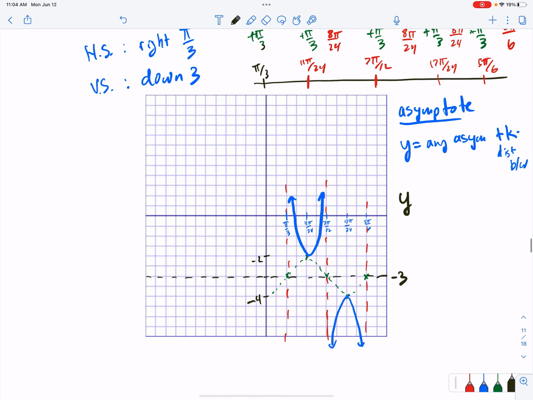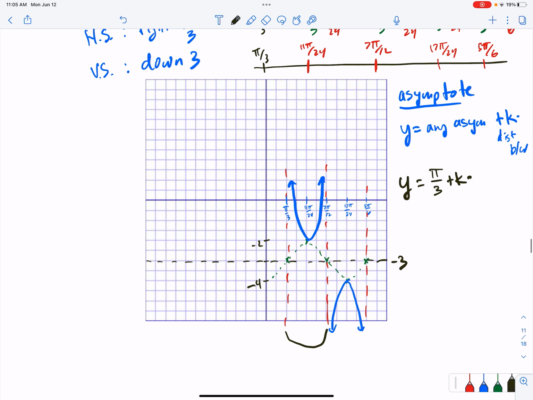So this will be y equals, I have an asymptote at pi over 3. Usually we pick the very first one on the positive side of 0. So y equals pi over 3 plus k times, well, what is the distance between these asymptotes? To find it, you just subtract those two asymptotes from each other.